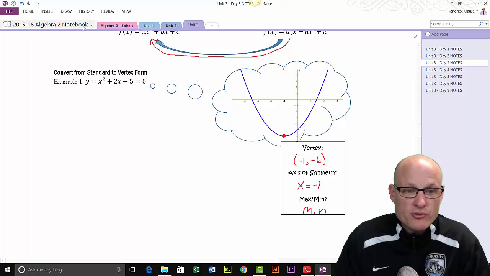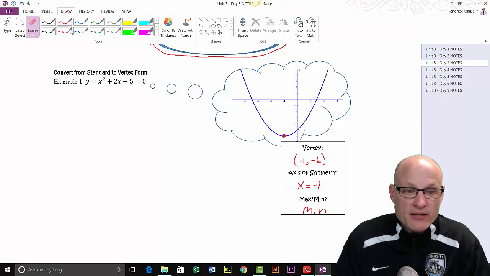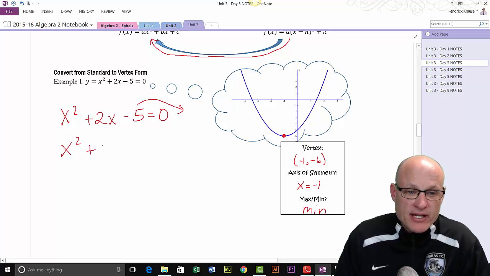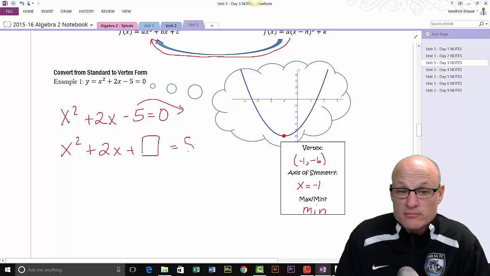x squared plus 2x minus 5 equals 0. If you remember back from algebra, completing the square is we move this constant over and rewrite it with 2 squares. Plus square here equals 5 plus square here. Then we take half the middle and square it, we get 1, but we have to add it to this side as well.